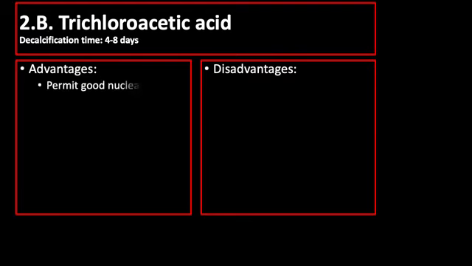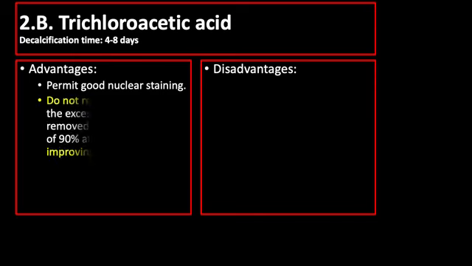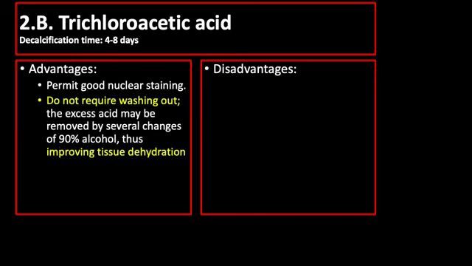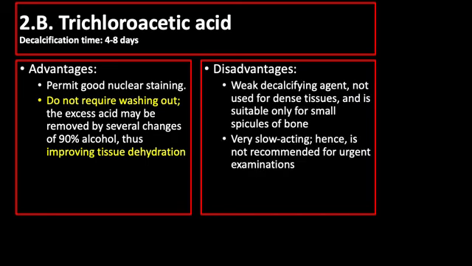Its advantages include it permits good nuclear staining and it does not require washing out. The excess acid may be removed by several changes of 90% alcohol, thus improving tissue dehydration. Its disadvantages, on the other hand, include the following.